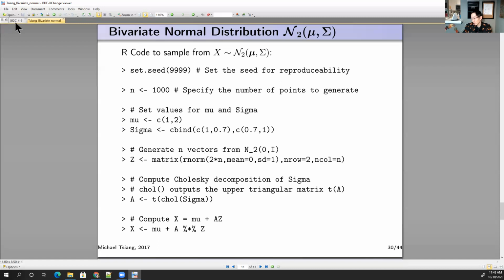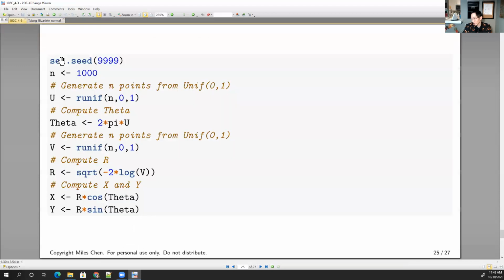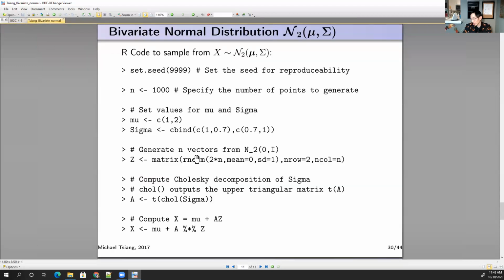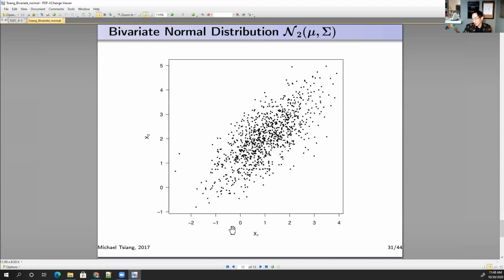We could have used the Box-Muller transform if we wanted to, but here I'm just using rnorm, mean 0, standard deviation 1, into a matrix. We use chol to find the Cholesky decomposition of sigma, and then we compute X equal to mu plus A times Z. And if you do that, you end up getting normal random values that have some covariance.